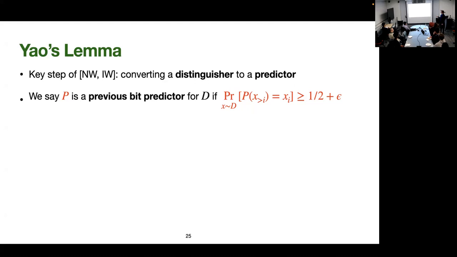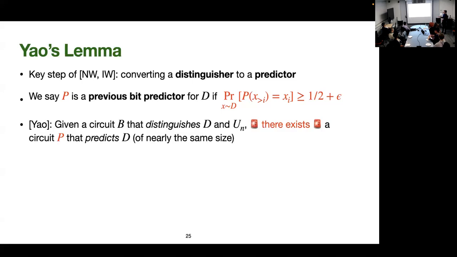It's worth noting, if this is the uniform distribution over n-bit strings, you can't do any better than 1/2, any better than just guessing 0 or guessing 1. And so we're going to ask this predictor to do a little bit better than 1/2. We're going to ask it to predict with advantage maybe like 1 over n, 1 over 10n here.